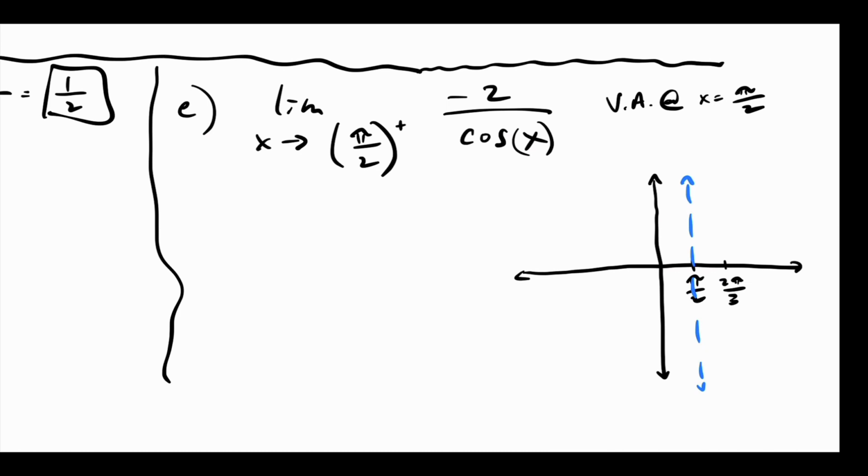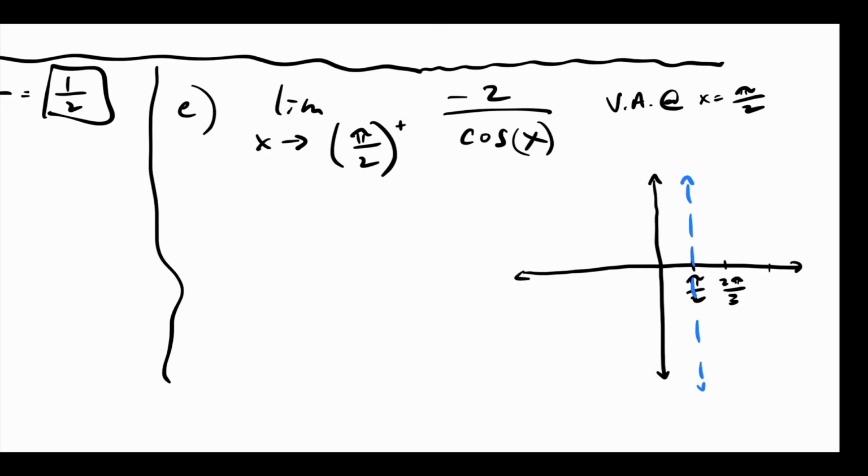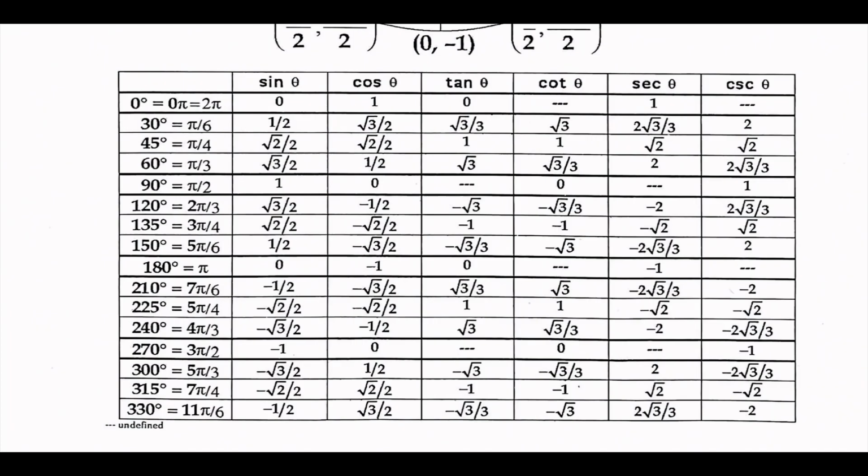Okay. So I want to know where it's going. What comes over here on the other side? 3 pi over 4.